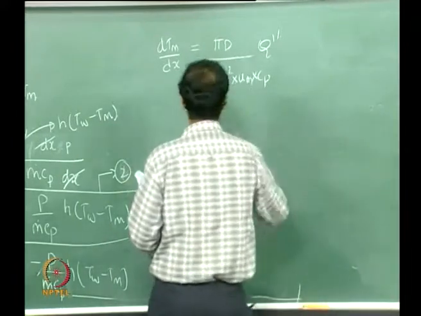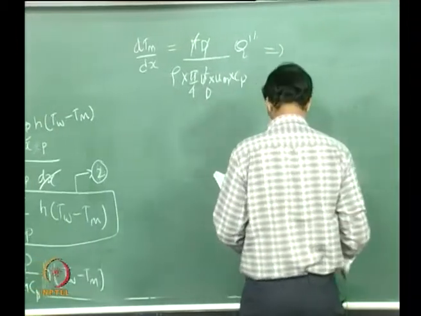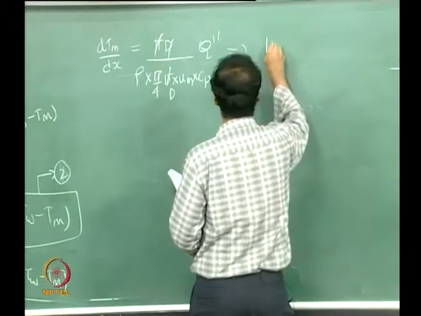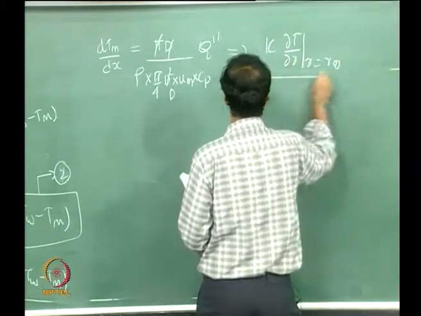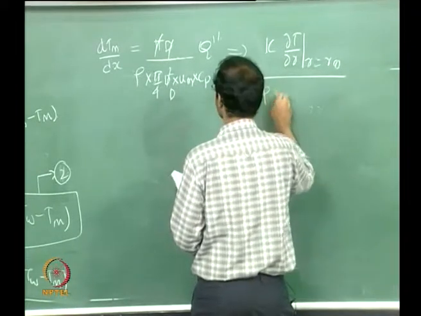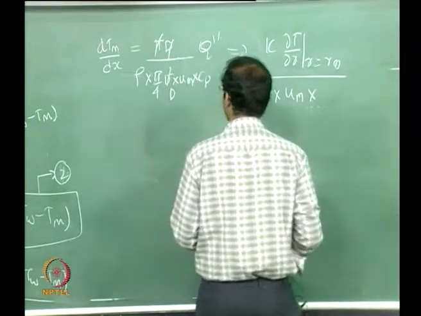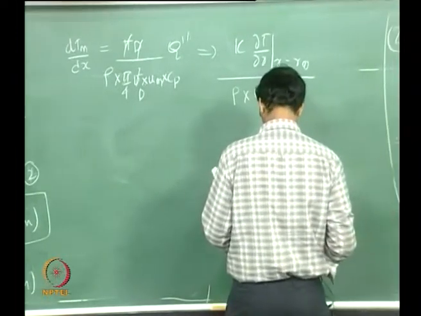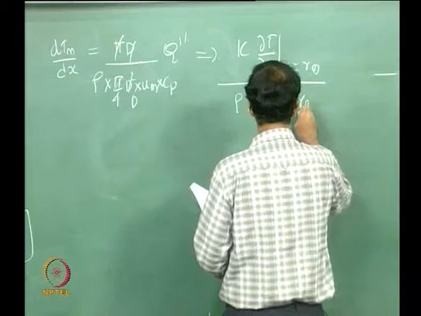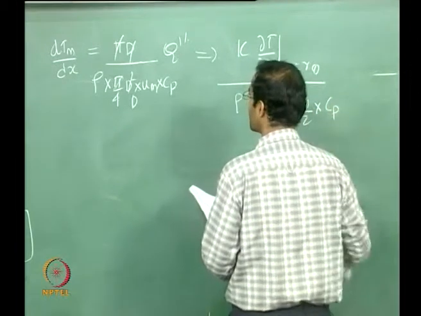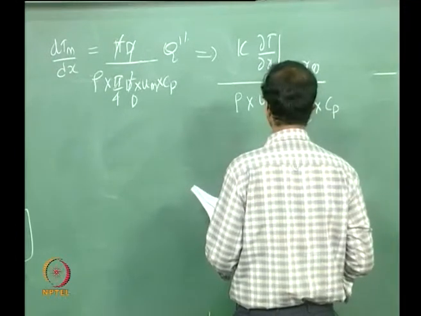So pi cancels here, d cancels, so this will give me your Q double prime, which will be k dt by dr at r equal to r naught. This will be divided by rho into um into d, which will be r naught by 2, and I can write this as r naught by 2 into Cp. So this will be 2 r naught, yes, so that is correct.